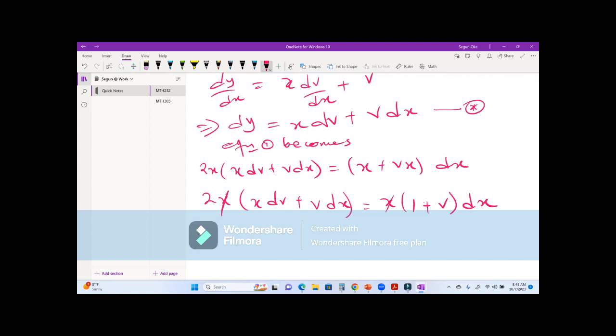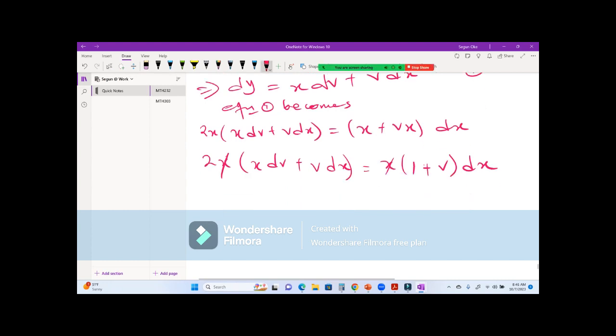So let's open the brackets. I'm going to have 2x dv plus 2v dx equals to 1 multiplied by the x, which will be the x plus v dx.